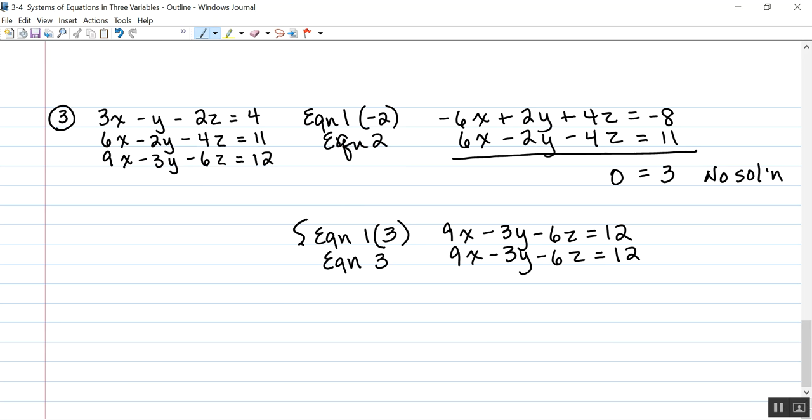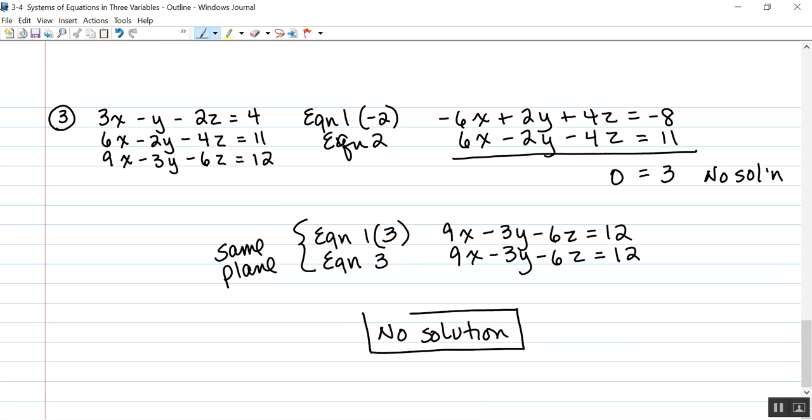So these two are the same plane. So what we really have in this case is equations 1 and 3 being the same plane and being parallel with equation number 2. Therefore, there is no solution to this. We have two planes that are exactly the same, and the third plane is parallel to those two.